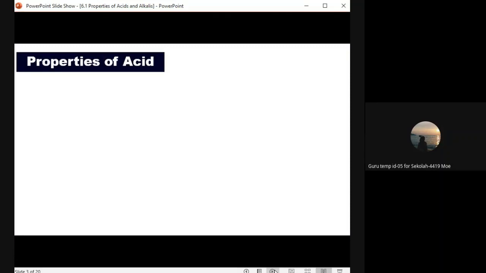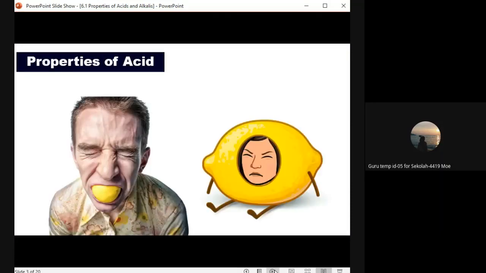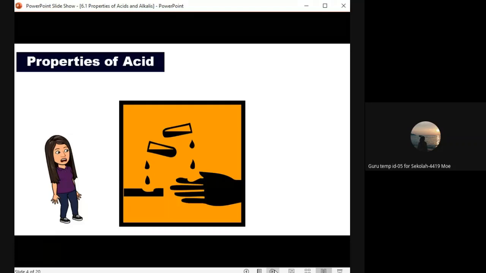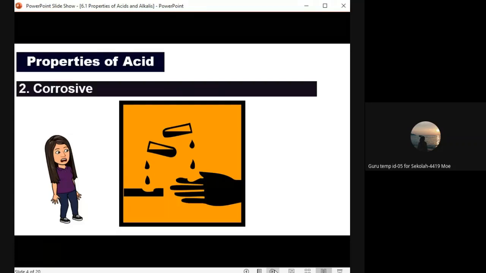Number one, as your friends mentioned, acid tastes sour. Number two, acid is also corrosive. Do you still remember this symbol? You have learned about this symbol in Form 1, right? Yes, it means corrosive.